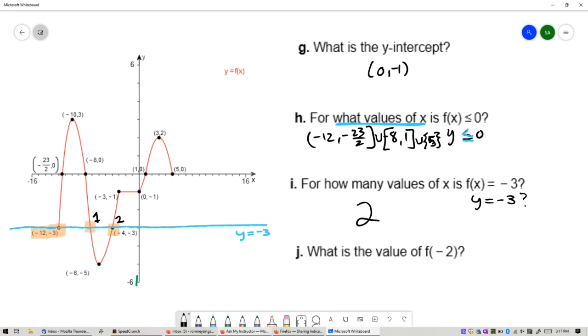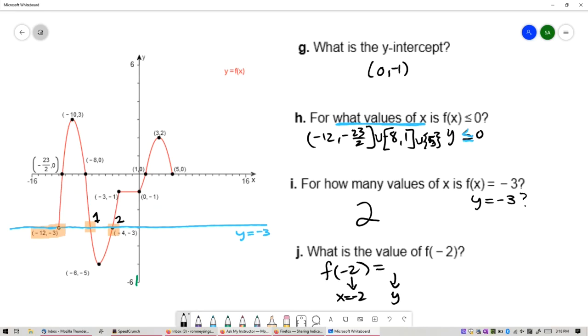Our final part says, what is the value of f of -2? So that notation, f of -2, tells me that x is equal to -2. F of -2 is the y part.